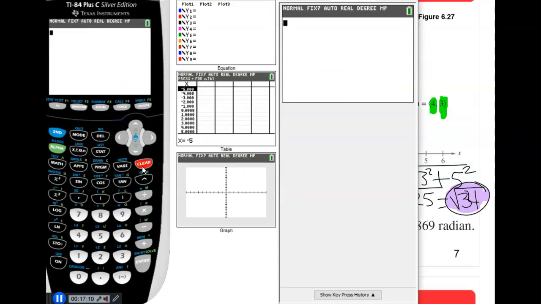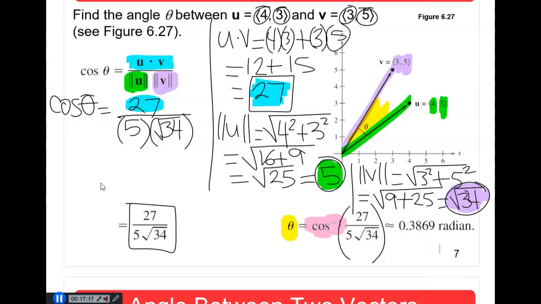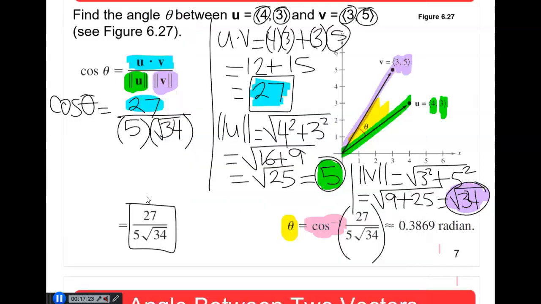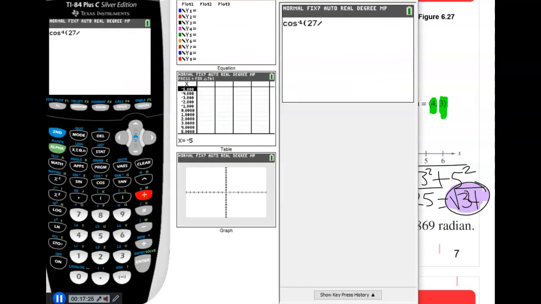So I'm going to clear my screen, then cosine inverse here, 27 divided by 5 times the square root of 34, and I'm going to go ahead and close the parentheses.